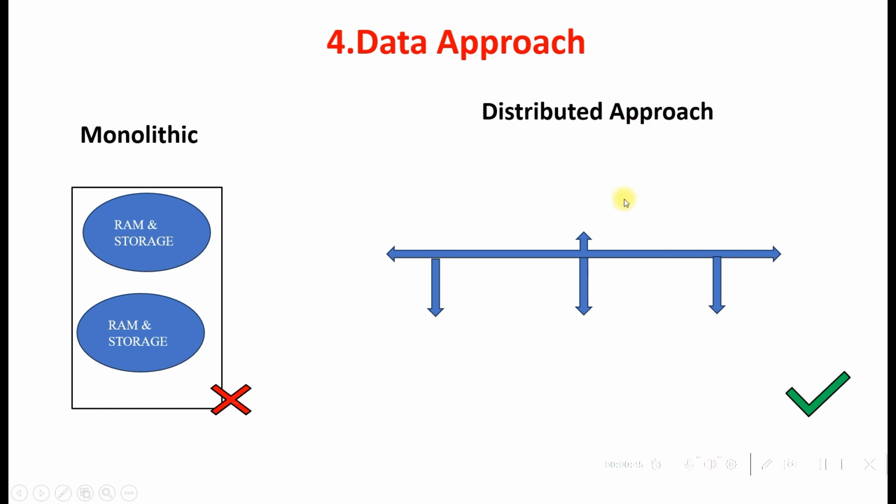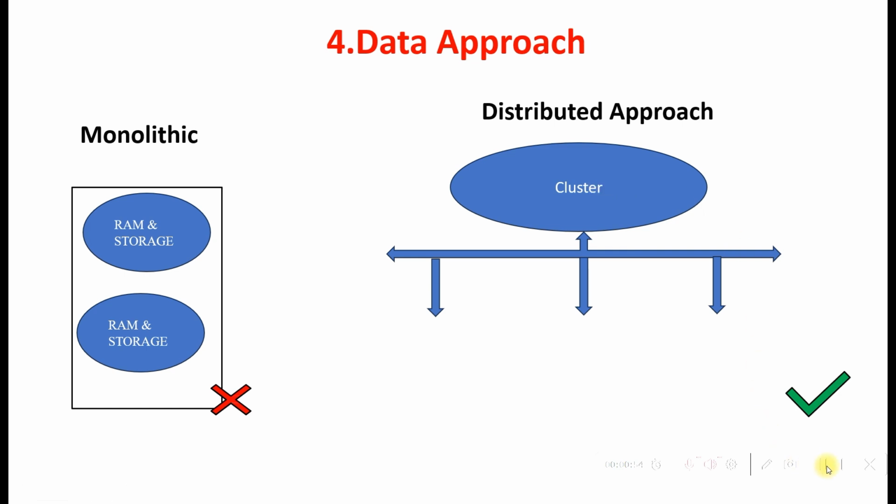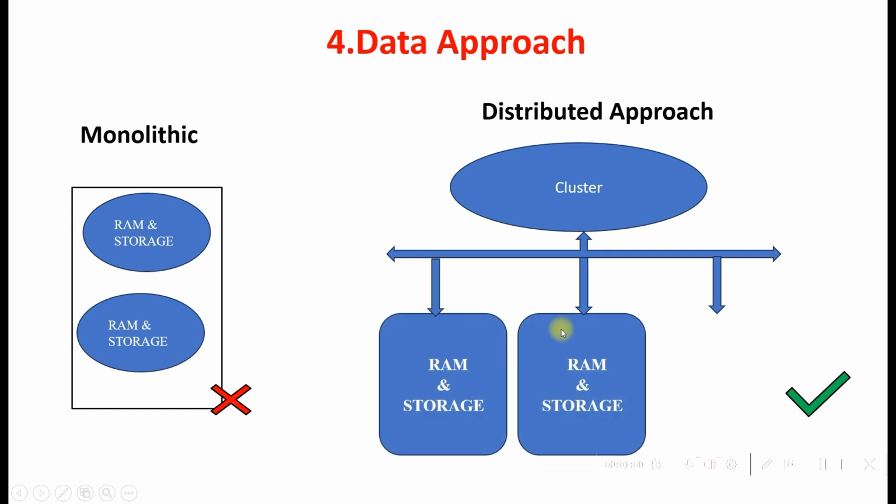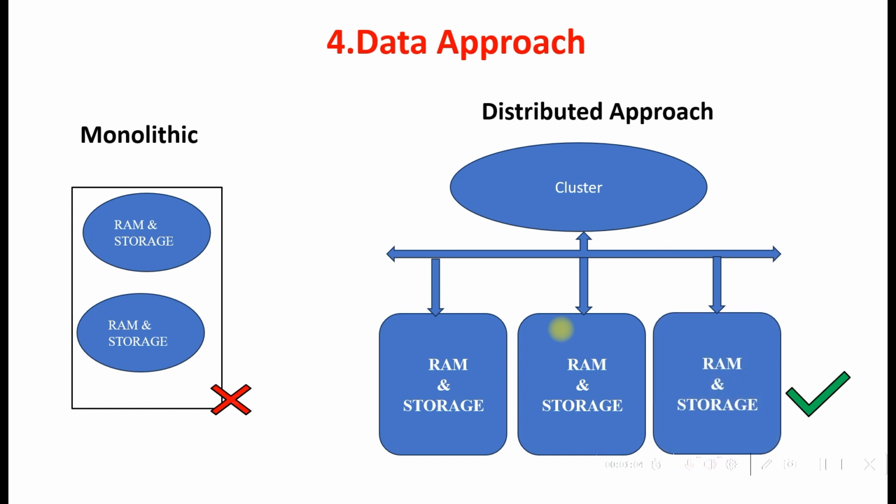If we talk about the distributed approach, we use a cluster, a group of multiple machines working together. You can see here each machine has its own RAM and storage and they share the workload. This improves speed, scalability and reliability, making it perfect for big data processing in Databricks.